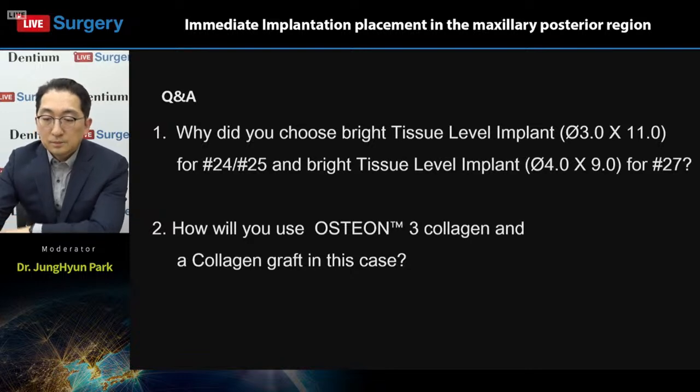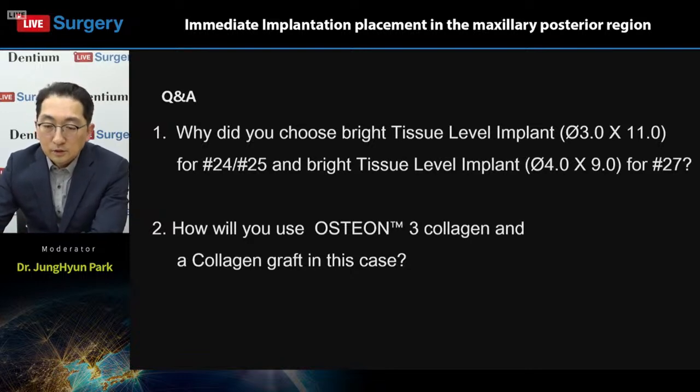As I explained during the surgery, the available bone thickness at 24 and 25 was only about 5 millimeters. Therefore, it is best to place the thinnest implant possible. However, internal type fixtures have a limitation in reducing the fixture diameter because the abutment and screw must fit inside the fixture.